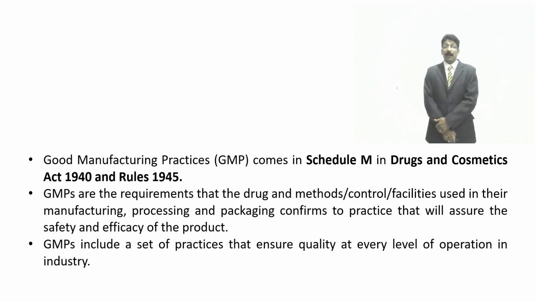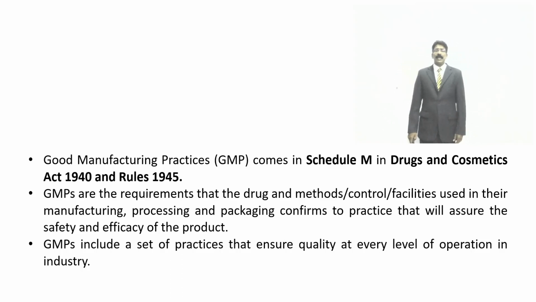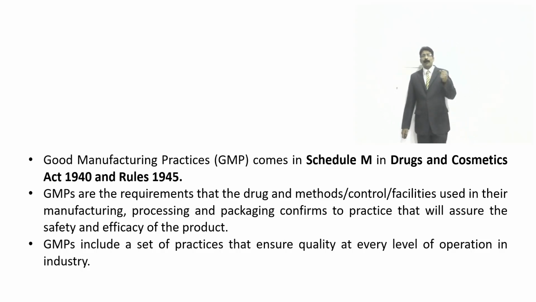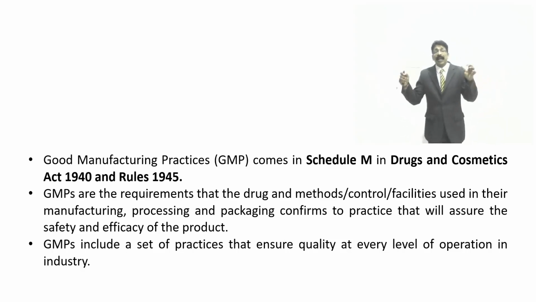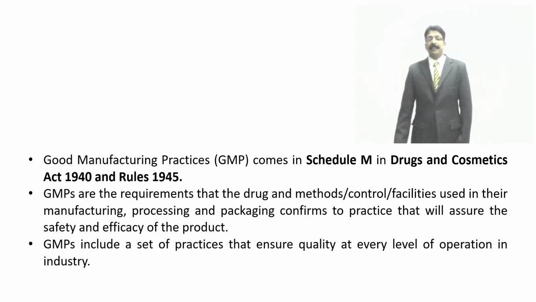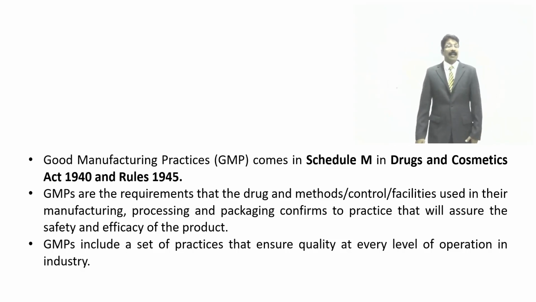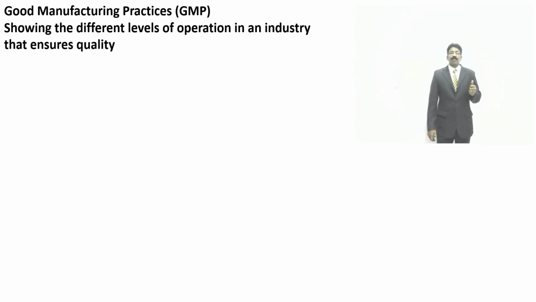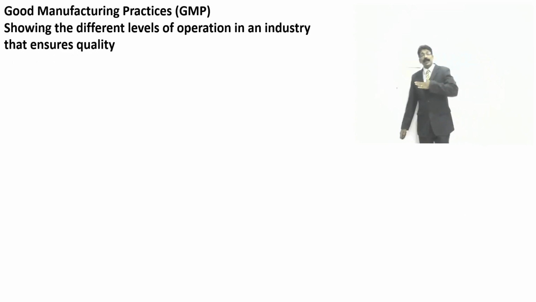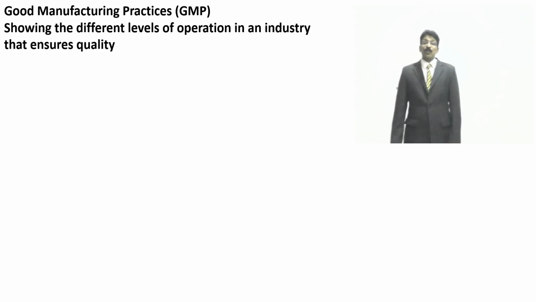Good manufacturing process, GMP, includes a set of practices that ensure quality at every level of production in industry. So it shows the different levels of operation in an industry that ensure quality.